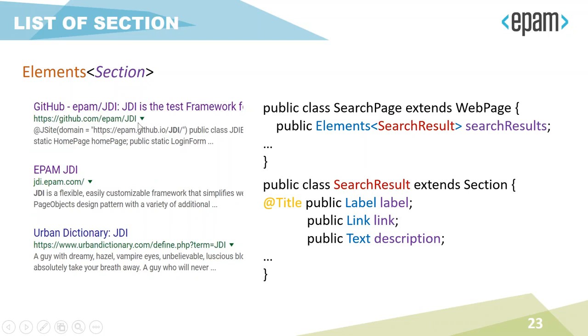A section is just one result here. It has, for example, a label, a link, and some description. And you can operate with these search results as you do with a list of simple elements. You can get, for example, the first or second element and click on its link or get its description. Or you can even get an element by the label, like EPAM JDI, if you use elements instead of lists.